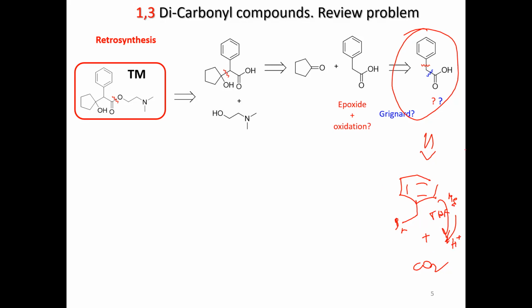And you get your carboxylic acid. This one can come from, let's say, an alcohol, and then we can carry on. We can go easily to benzene. Let's say that the alcohol comes from an epoxide.